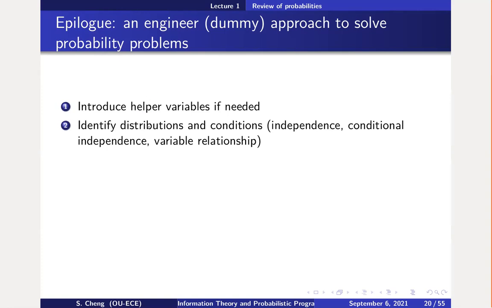Then I want to identify distributions and conditions. I want to know what distributions I know, what conditions I know, any independence or conditional independence, and how the variables are related to one another.